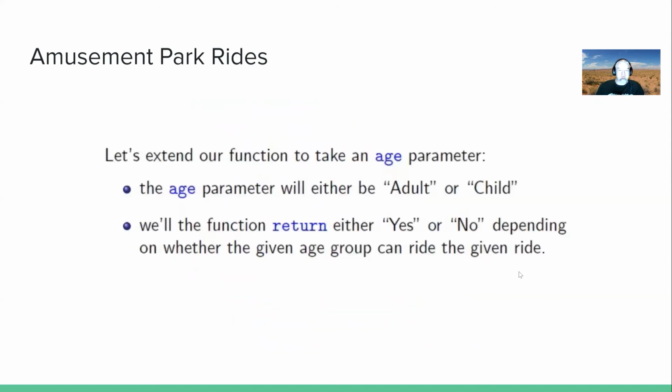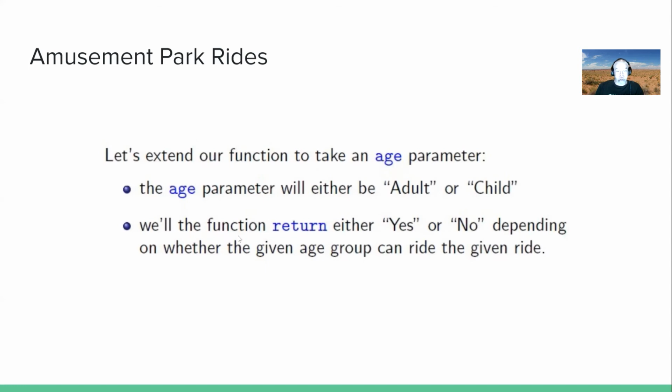All right, so let's extend our function to take an age parameter. So we're going to ask not only the name of the ride, but the age of the person going on the ride. The age parameter will either be adult or child, so only two possible values. And what will the function return?